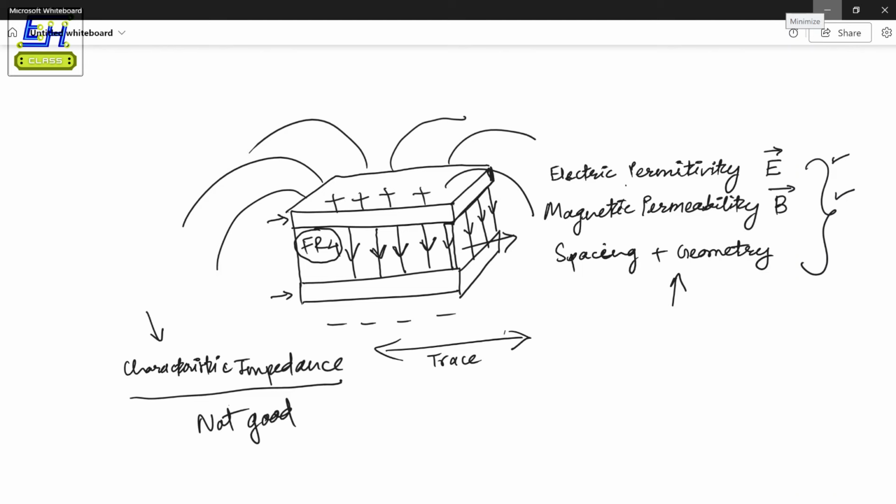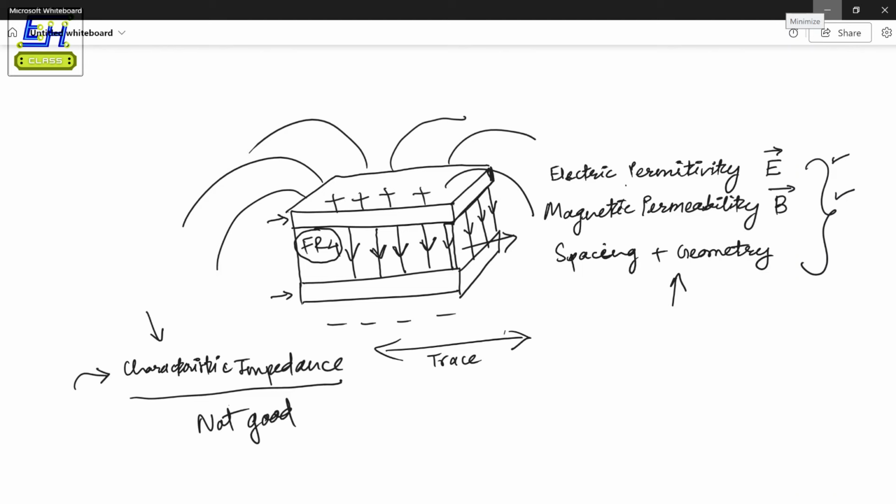So now the question is, why do we care at all? The reason is that you guys might know about characteristic impedance, right? Because we have different kinds of signals flowing through the traces on a PCB, mostly digital signals, but really high frequency digital and analog signals.